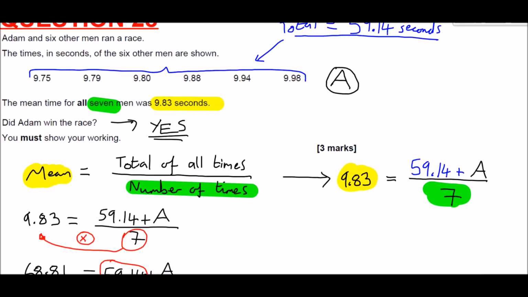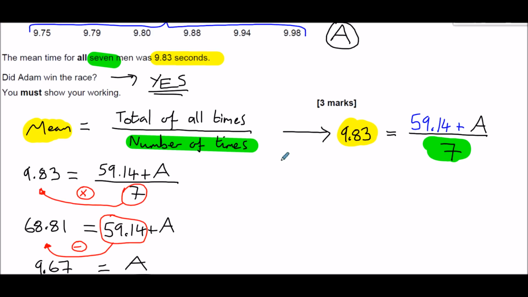Now, as I did say, I'll show you a different way of solving this equation, because this way I'm going to show you now is quite popular. This is a flowchart diagram method. The way we solve it using a flowchart is we start with the thing we want to work out. So start with A, because you want to find out Adam's time, and just take it step by step, what happens to A. The first thing that happens to A is we add 59.14 to it.